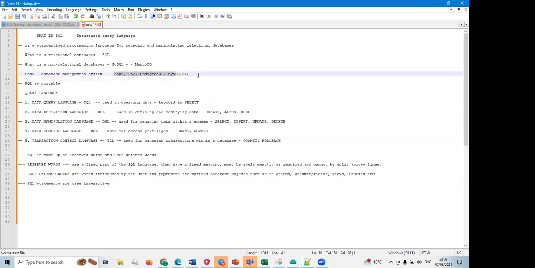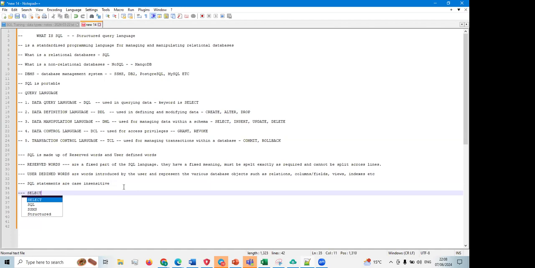It doesn't matter which management system you're using. So, for example, you would see that I have typed select like this, using uppercase. I could as well type it like that, and it would work perfectly well. So that is one advantage that SQL has over other programming languages. So SQL is case insensitive, right?